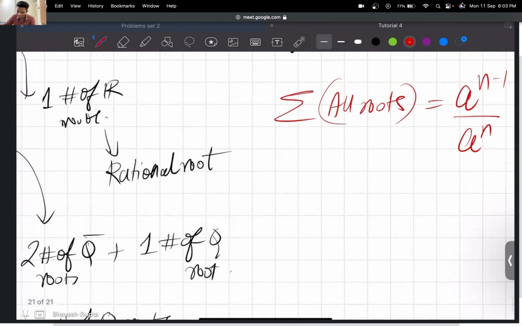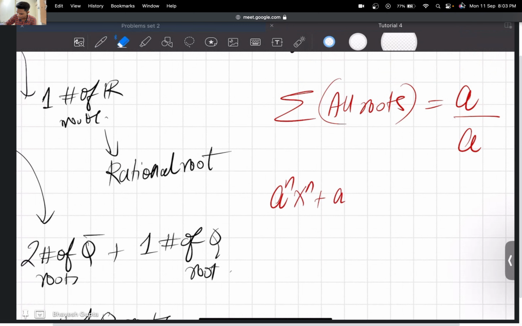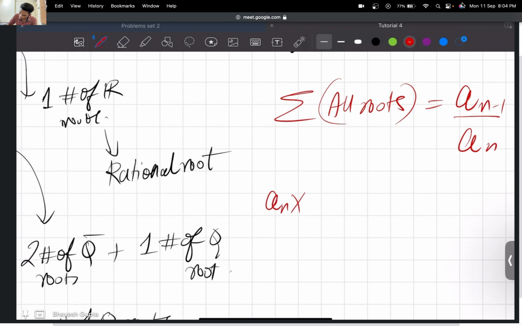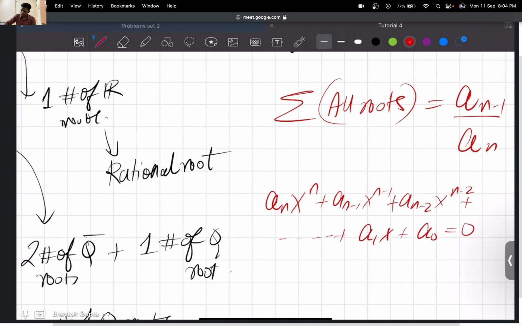This is not a power, this is notation. Let me write this down to avoid confusion, because I don't want you to see this as a power. They are not powers, because we can always write the general equation like this, up to a1 x plus a0 equals 0. So you can see from here.